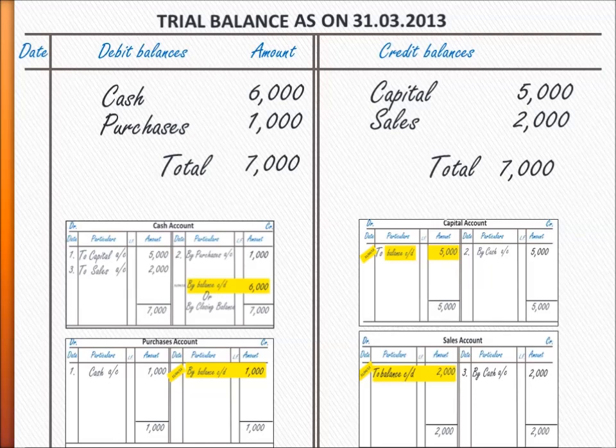You know, trial balance is always prepared at the end of the year, and ledgers are closed always at the end of the year. To close the accounts or to close the ledgers means to supply the balancing figures or closing balances. So in this way, we have made trial balance.